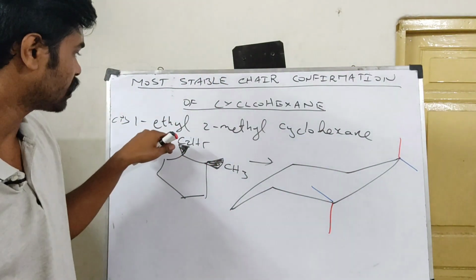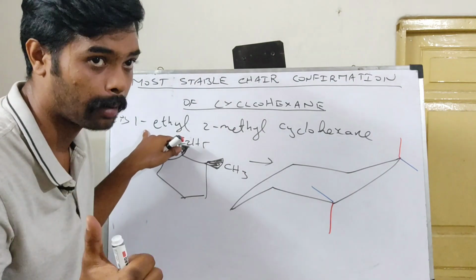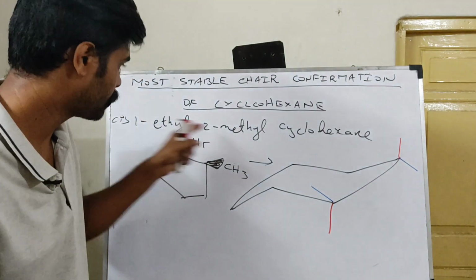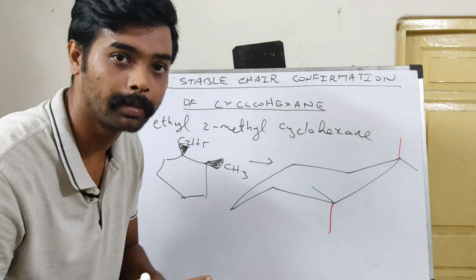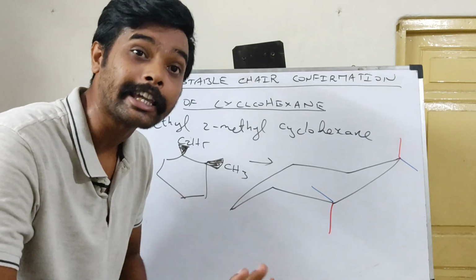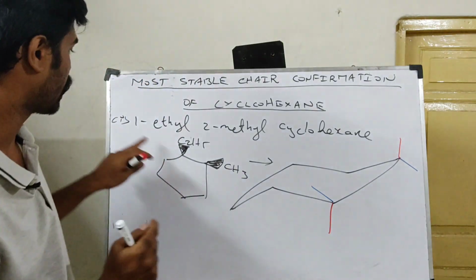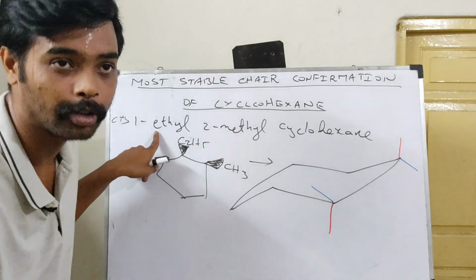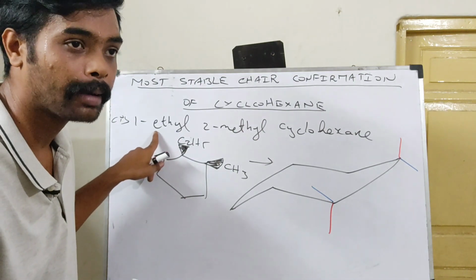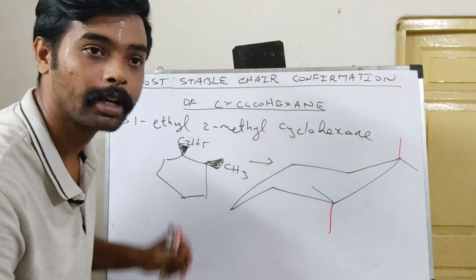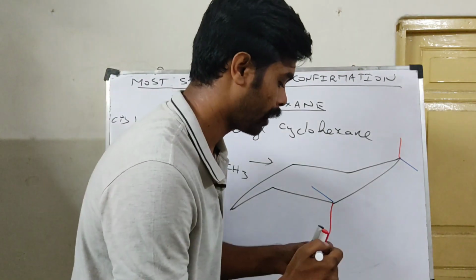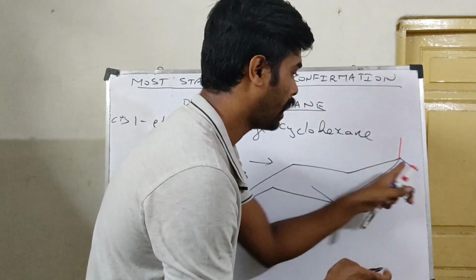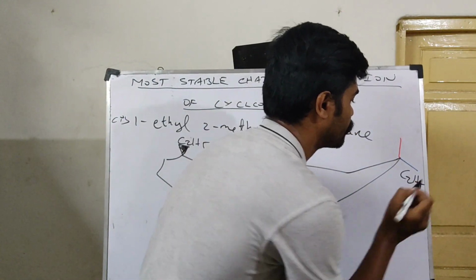Now I'll take the first carbon atom where I have the ethyl group. Remember the thumb rule, I am directly going to get the most stable chair conformation for this particular molecule. And what is the thumb rule? The bulkiest group must be going to the equatorial position. Out of these methyl and ethyl groups, obviously the bulkier group is going to be the ethyl group, isn't it? So I'm going to put it in the equatorial position such that it is going to become most stable. Pointing down here, it's going to be equatorial, and I'm going to put this C2H5 group here.